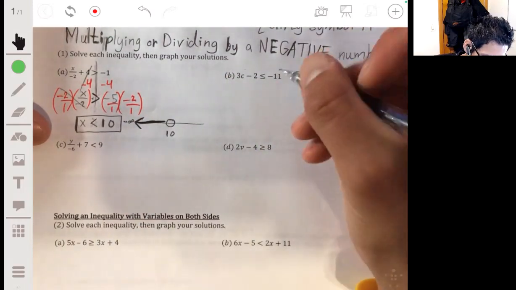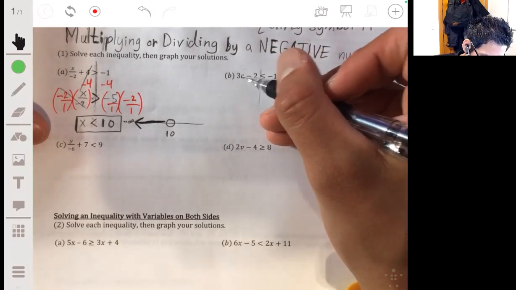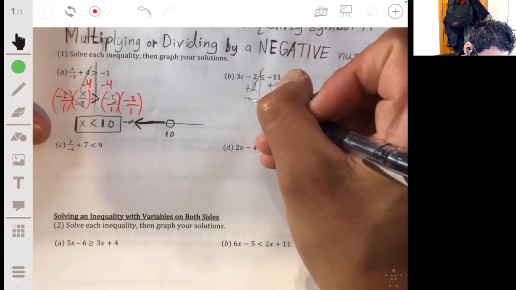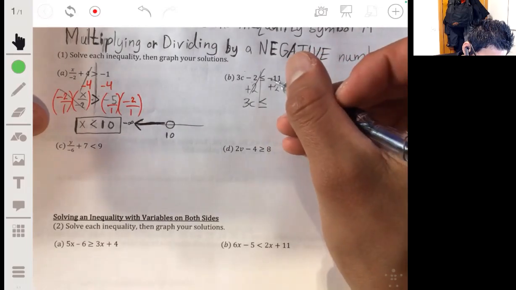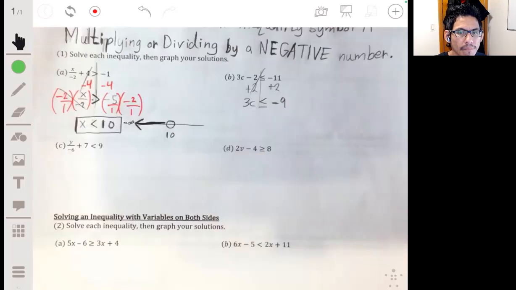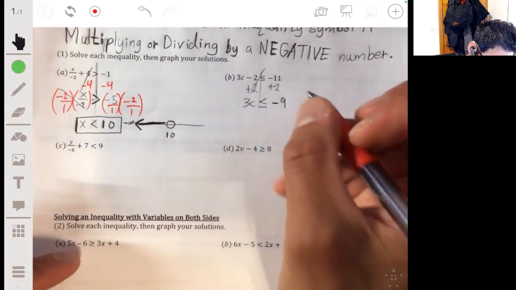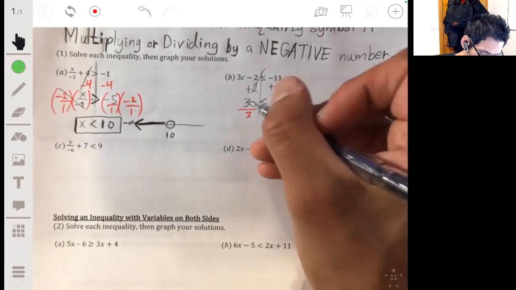All right, next guy. Okay, so let's isolate 3c by adding 2 to both sides first. So we'll get 3c is less than or equal to -9. Then we divide by 3. And don't reverse the inequality symbol because you're not dividing by a negative number.